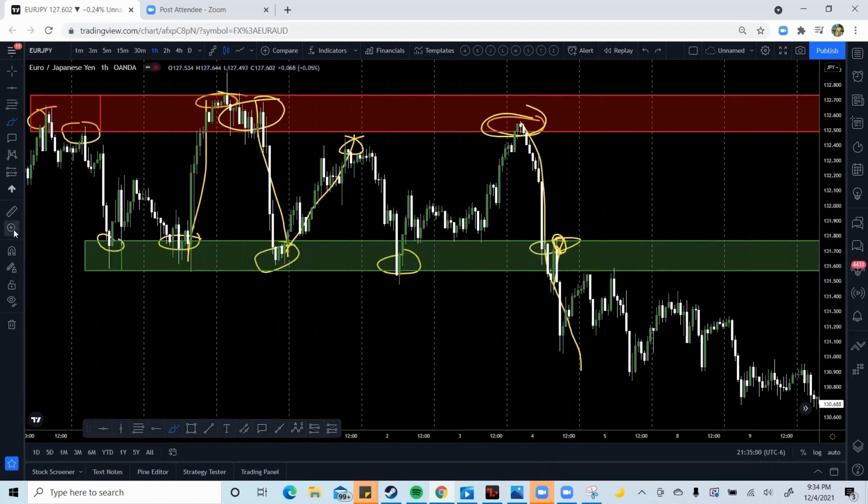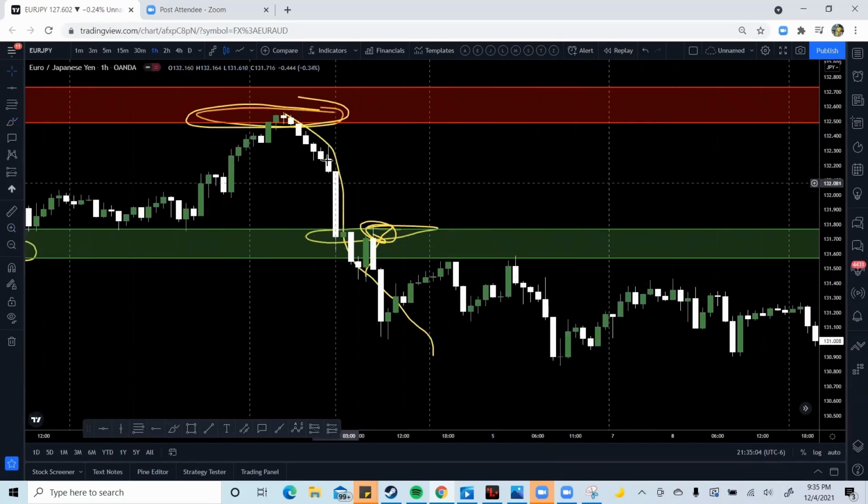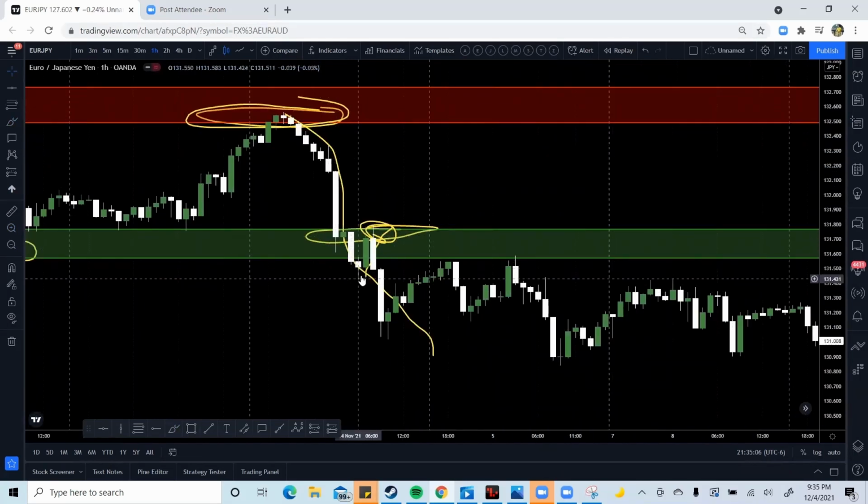So now let's zoom in. As price reaches that area and breaks it, it comes back to retest this area. It comes back to retest this area when it retests the support. And I like that because you have so many different reasons for taking that area.